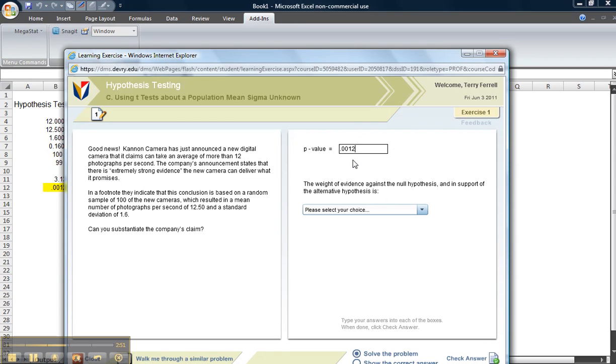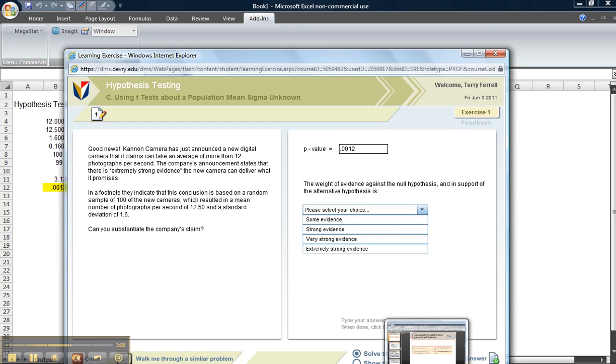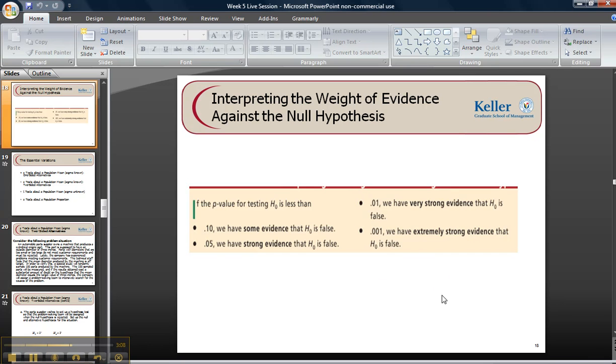Now you have to look at this evidence and weigh it against the normal values, and that's the values they have down here. They don't give you the values, but let me show you where you can look for the values of some evidence, strong evidence. If I go to the PowerPoint presentation for week 5, go to slide 18.